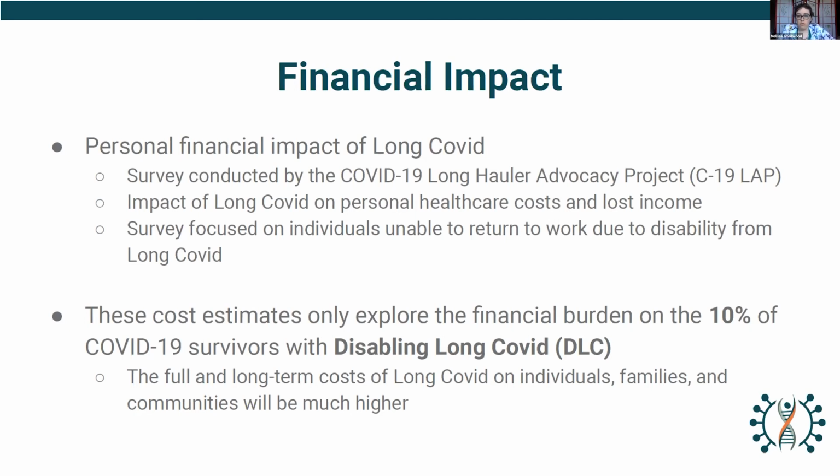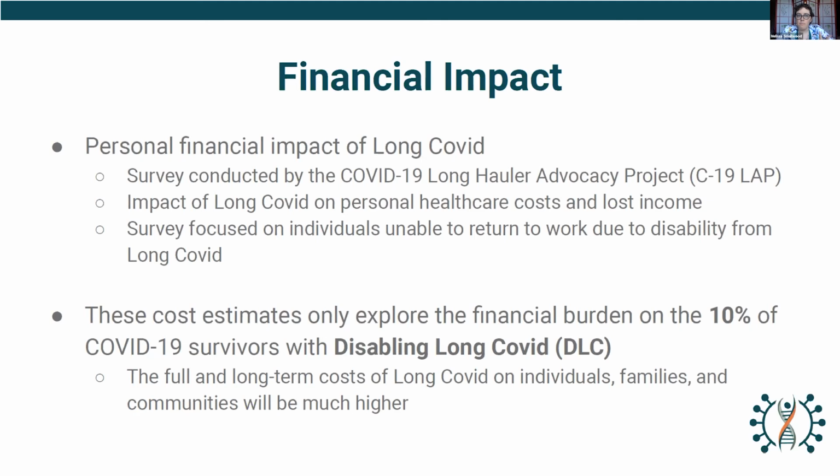One thing that's important to note is that this data set assumed a 10% prevalence rate for long COVID from post-COVID patients, which is lower than the 30% that many more current studies are reporting, but is about on par with our estimate of 10% of COVID-19 survivors having disabling long COVID.